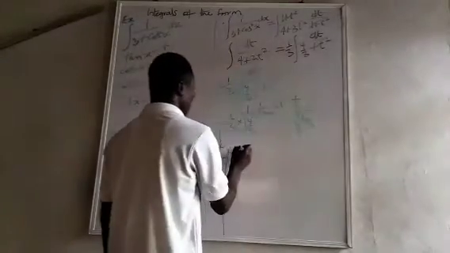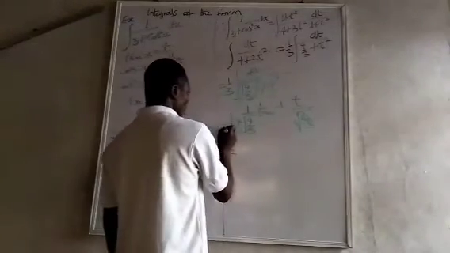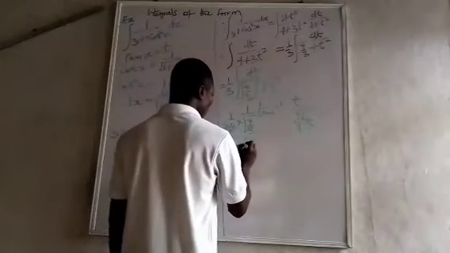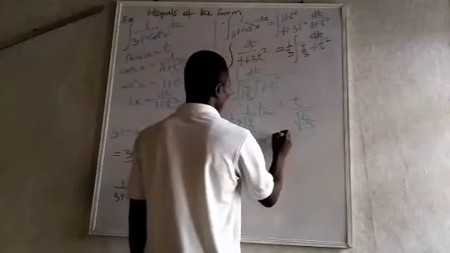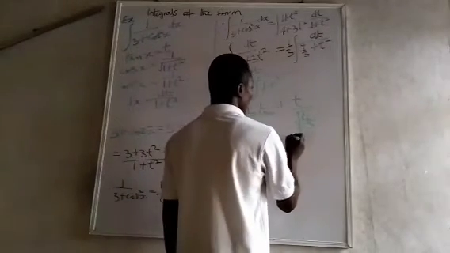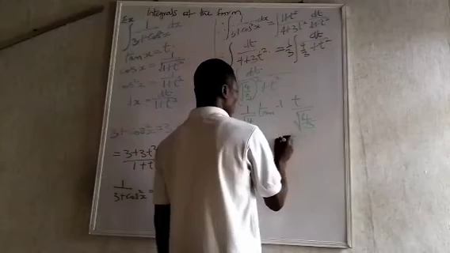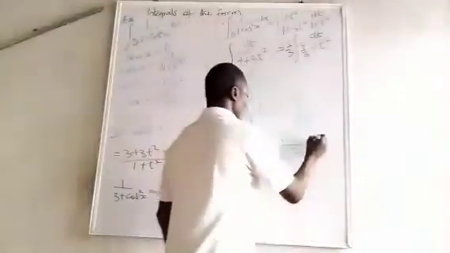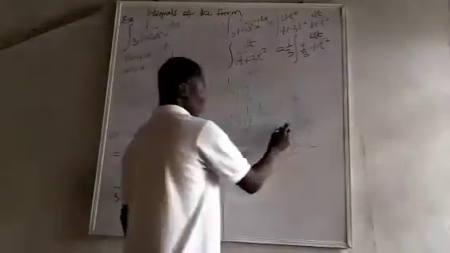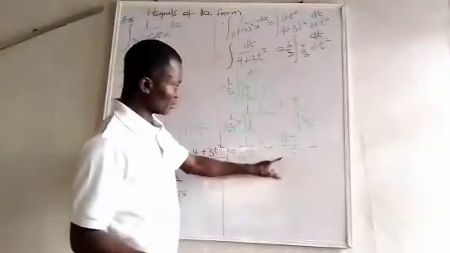Now, cutting this, we are going to have root 3, and this one is going to be 2. So I'm going to have 1 over 2 root 3 arctan, this root 3 will come up over 2, plus c. When you break this down, it's going to be 2 over root 3, so root 3 has come up.